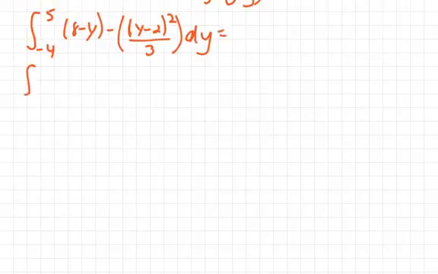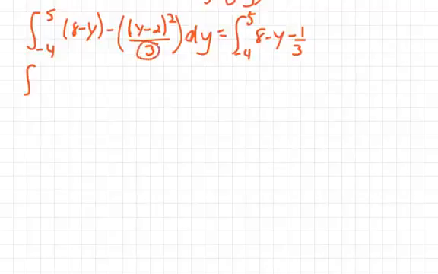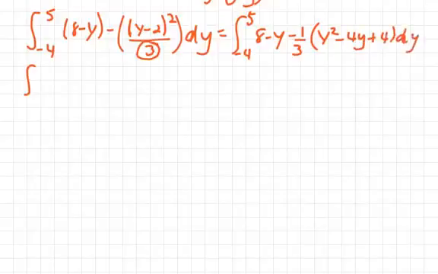So this is minus 4 to 5. This is 8 minus y. And I'm going to try and be as clean as possible. I'm going to factor out the third here, right, it's 1/3, so that I can expand out the square of the binomial. And that's y squared minus 4y plus 4 dy.